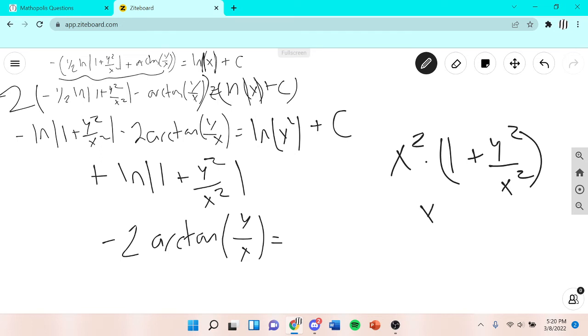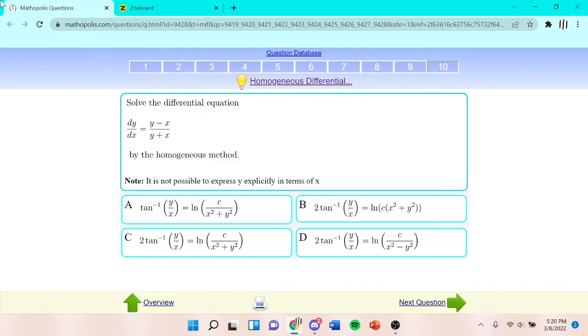This is just equal to x squared plus y squared. So that's going to say ln of x squared plus y squared plus c.